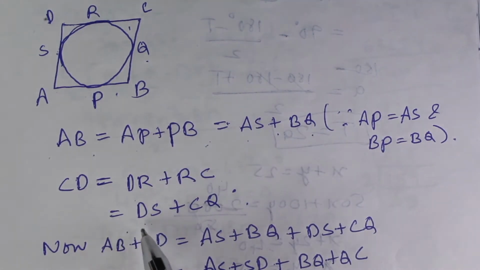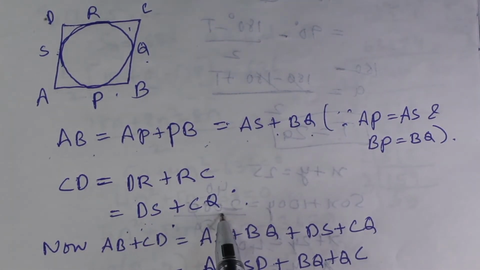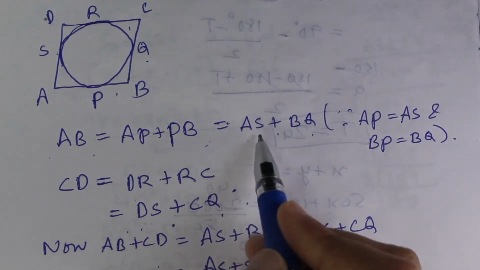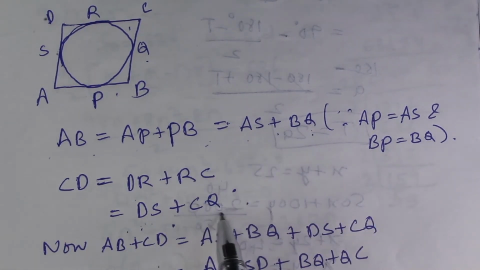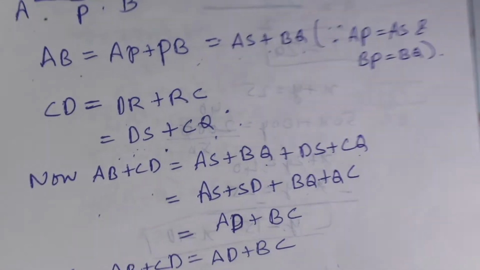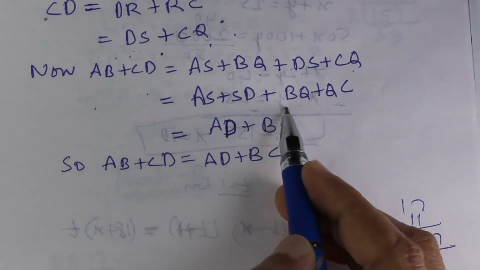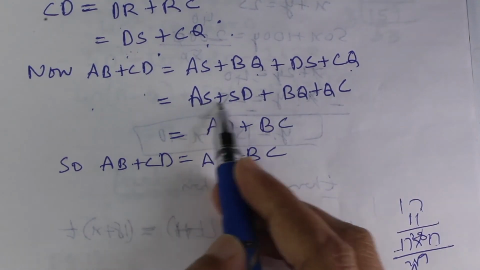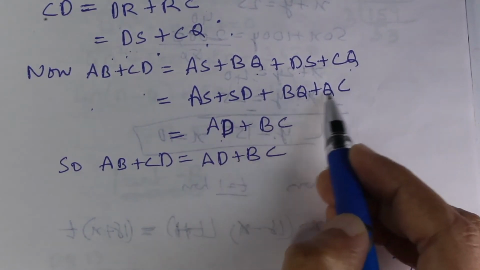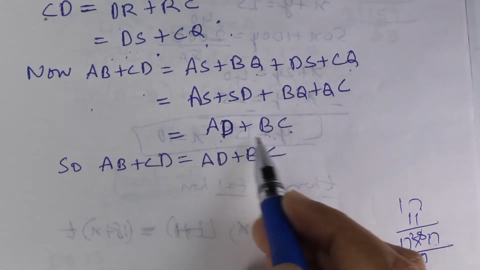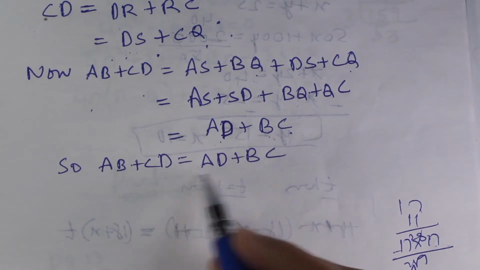So I have written CD is equal to DS plus CQ. Now AB plus CD becomes AS plus BQ plus DS plus CQ. That can be rewritten as AS plus SD plus BQ plus QC. So AS plus SD becomes AD, BQ plus QC becomes BC. So AB plus CD is equal to AD plus BC. Hence it is proved.